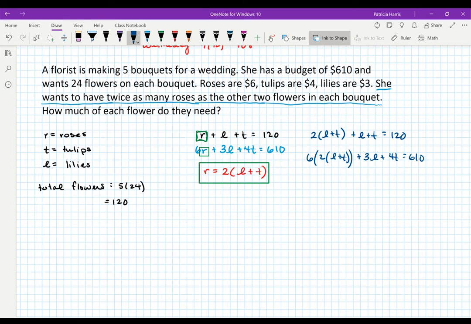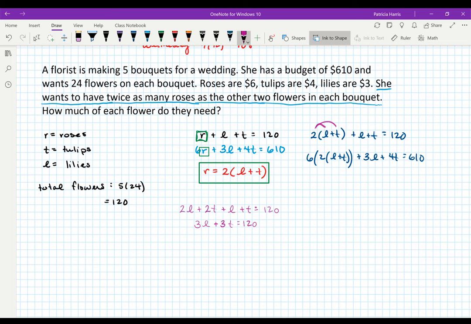Okay, so let's do some simplifying here. Let's take the top equation first. If I distribute, I get 2L, 2 times the number of tulips, plus the number of lilies, plus the number of tulips is 120. So that's 3 times the number of lilies, 3 times the number of tulips is 120.